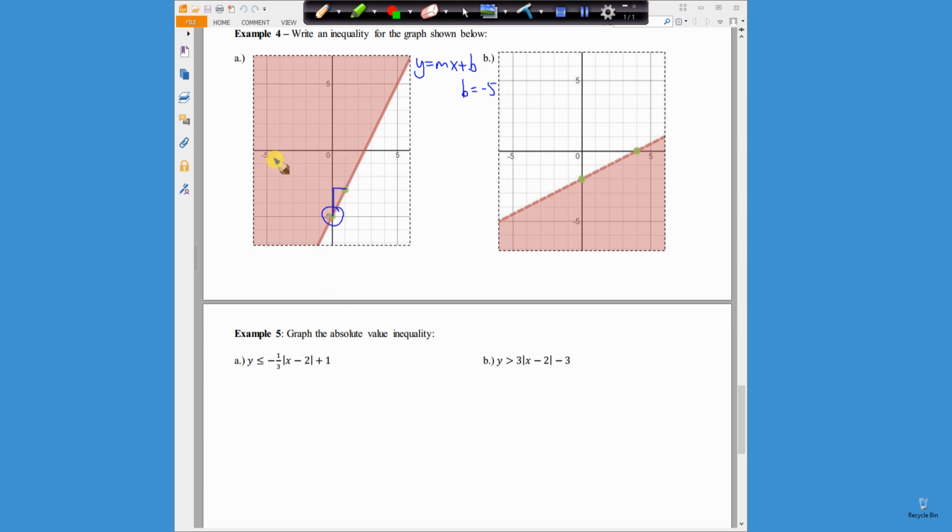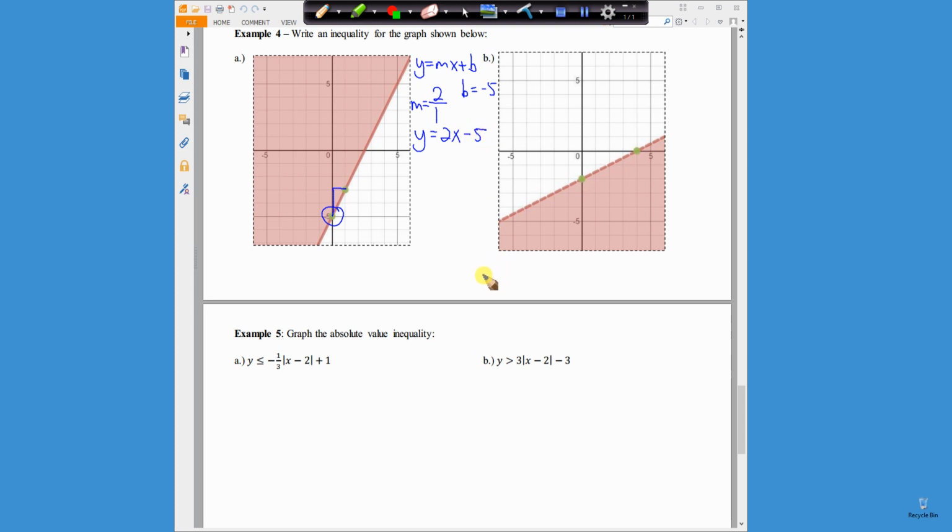Just be sure you're checking the scale of the axes, but these are all 1 unit squares. So the slope is up 2 over 1, rise 2, run 1. So this is my slope, and you're just substituting this in: y equals 2x minus 5.